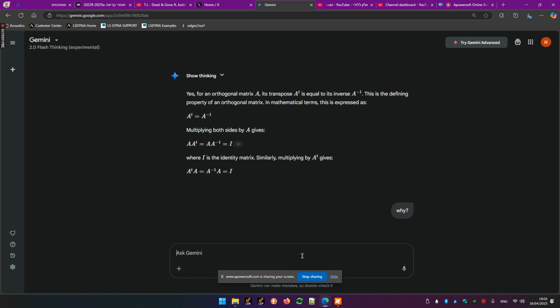Now, the same idea that we talked about here and proved here holds for unitary matrix in the complex space, and explains why for unitary matrix B it holds that B inverse equals the conjugate transpose of B, let's call it like this, right?